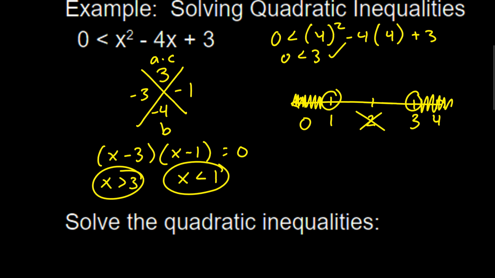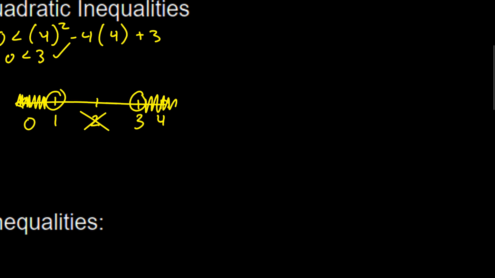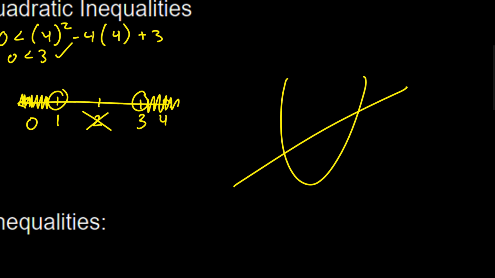No. The only reason why we, in the last part of this unit, had to find y was because we were finding the solution to a system, which is the intersection between two lines, right? A location on a graph, a coordinate, an x and y point. That's why we had to find y. Here, we're not doing that. Okay?